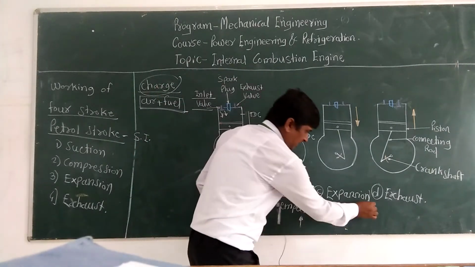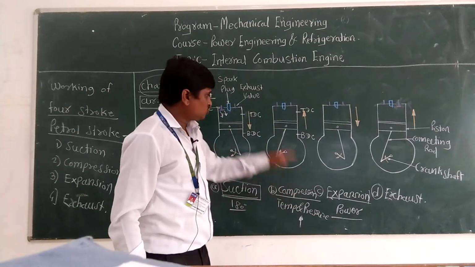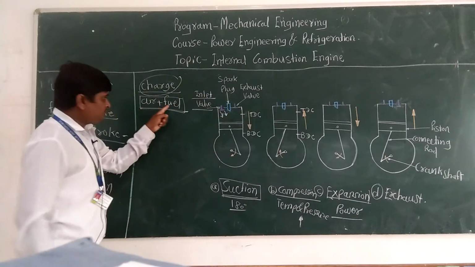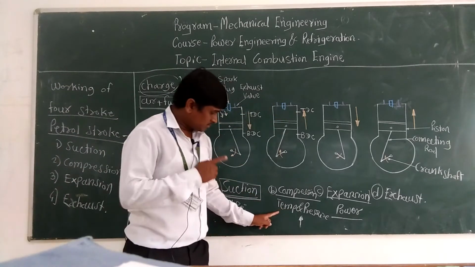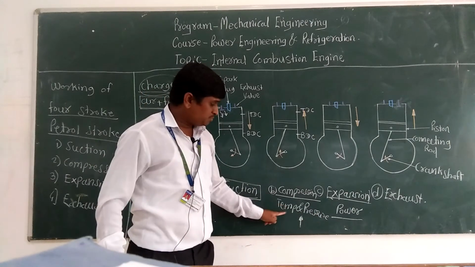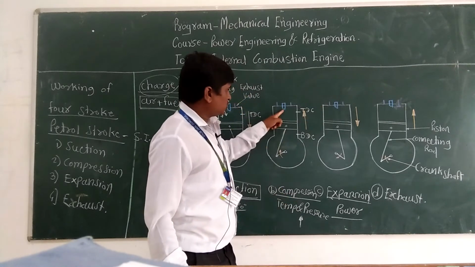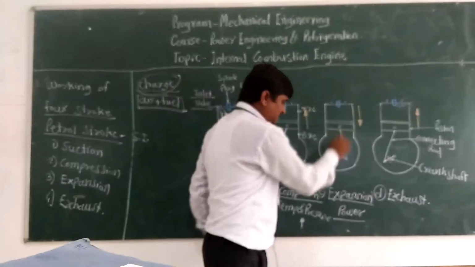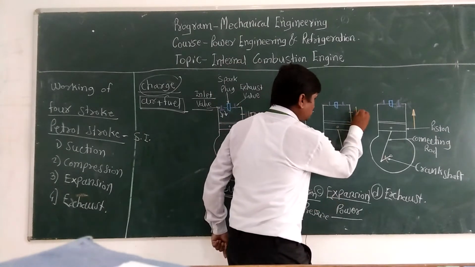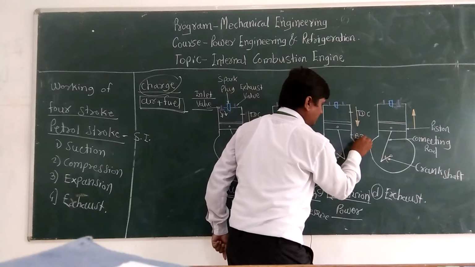The next stroke is the expansion stroke, or power stroke. When in the compression stroke the piston reaches the TDC position, the temperature and pressure of the air and fuel mixture have increased. This increased pressure and temperature at the end of the compression stroke marks the start of the expansion stroke. The expansion stroke also goes from TDC to BDC.